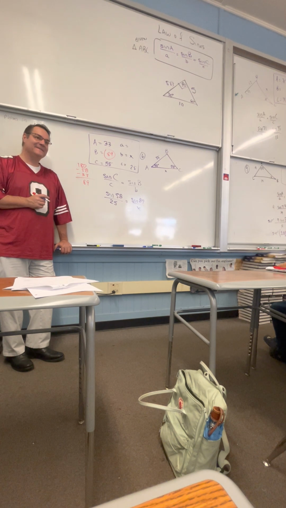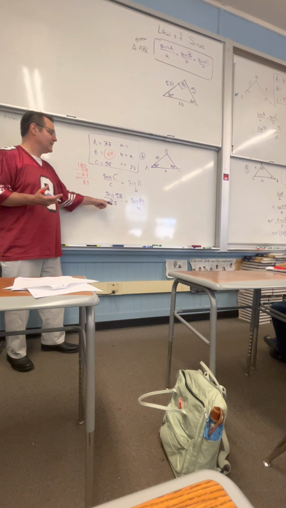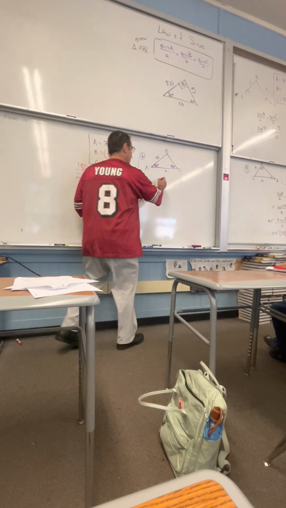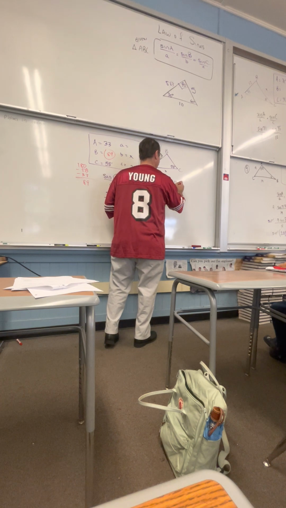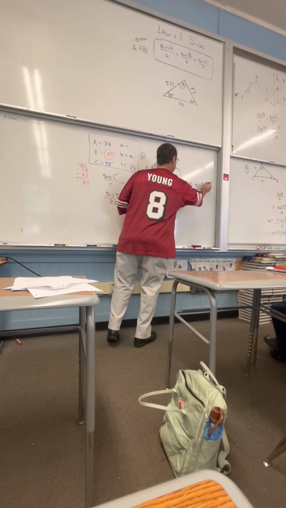We don't multiply by x, right? We could multiply by x, but if we did that, we'd then have three things going on over here. That's not easier. Let's cross multiply. So x times sine of 58 equals 25 times sine of 89.